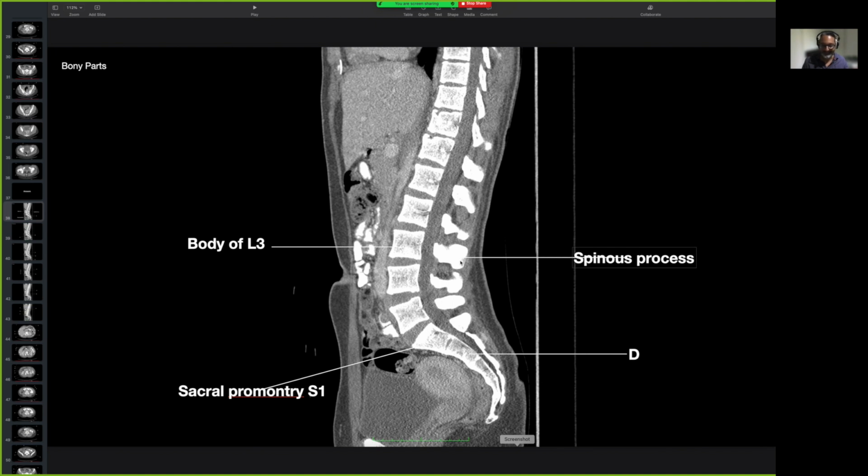Yes, that's the spinous process. And D. I think that's S3. I think I was just thinking sacrum, but yeah, that is S3. You can see one of the divisions here. So I'll call it S3, slash sacrum, more or less. There you go. Thank you.